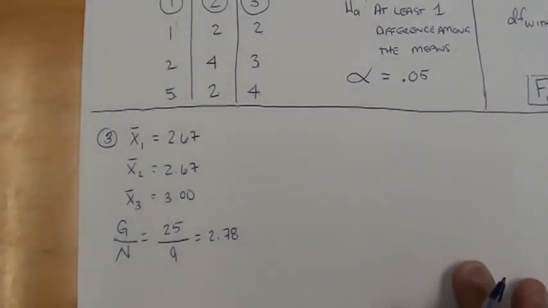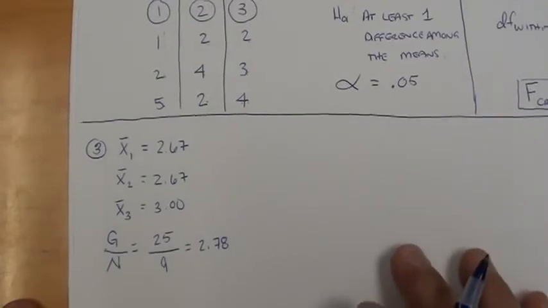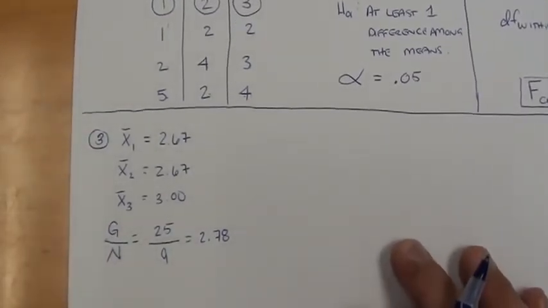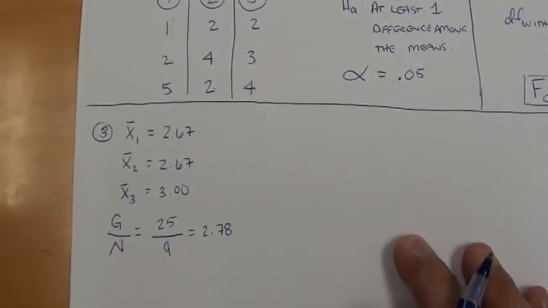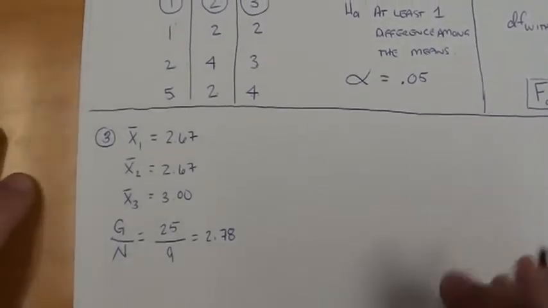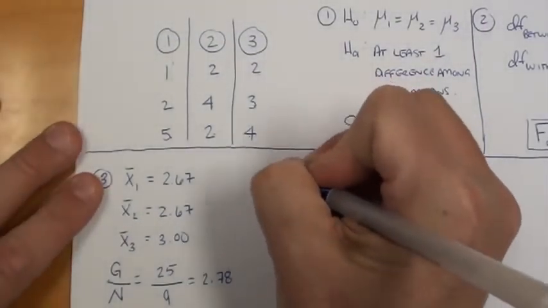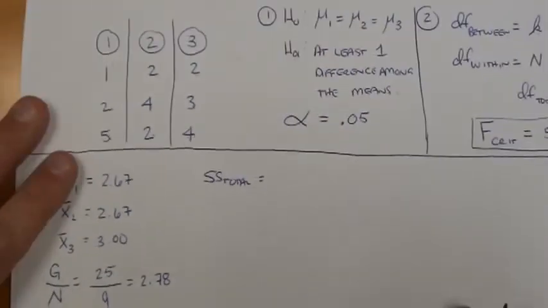And so then what we're going to do is actually get into calculating the total sum of squares first. So this is everything together, all variability across the conditions. So if we start off, the sum of squares total, and let's just look at the formula.